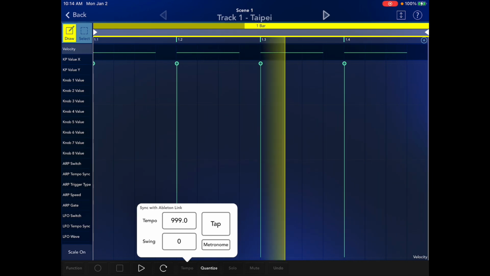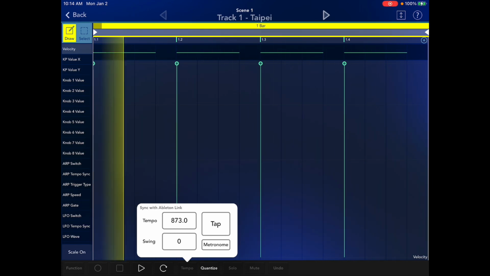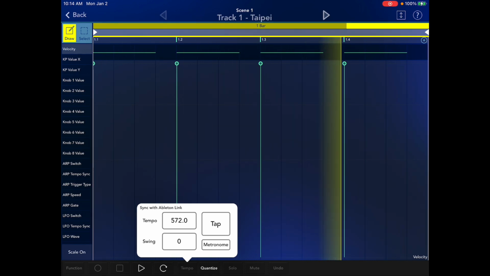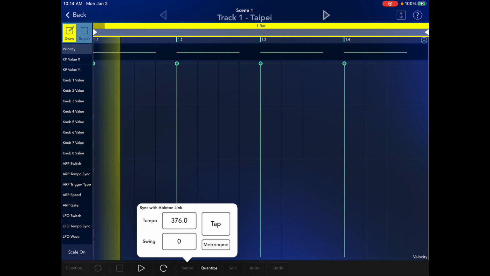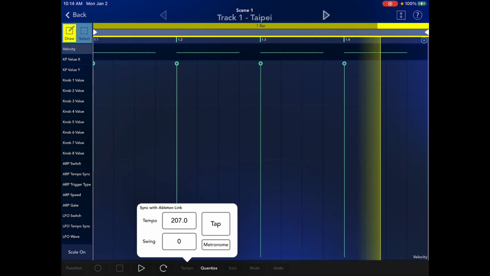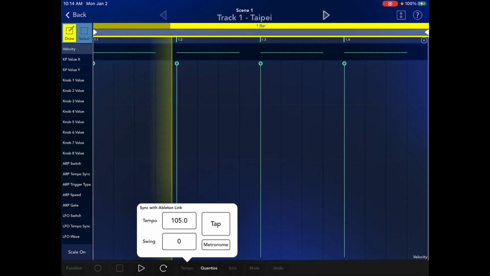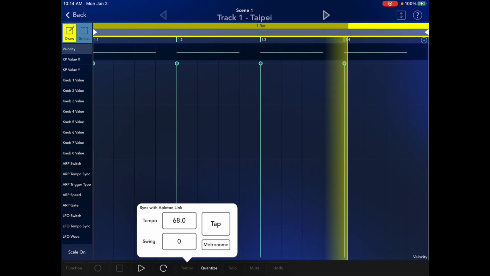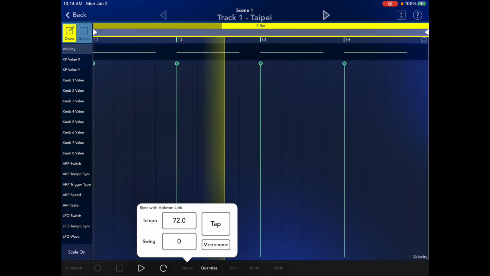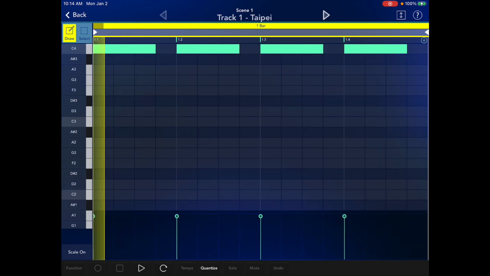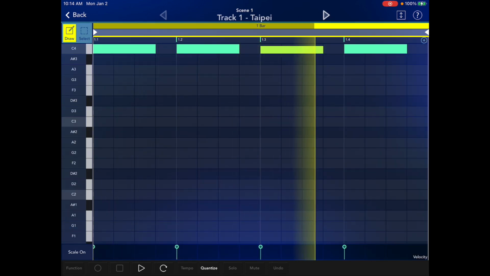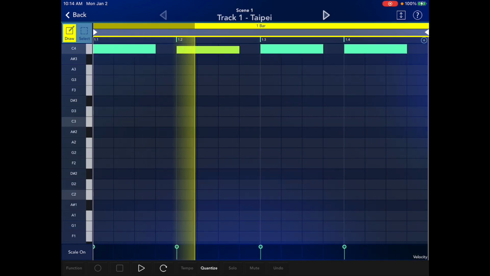Go to the max, Korg Gadget. I'm going to bring it all the way back down to a regular level, regular BPM. I'm just going to demonstrate the gate length.